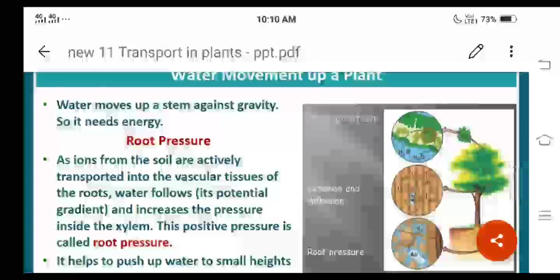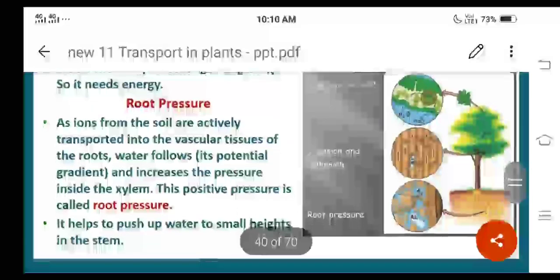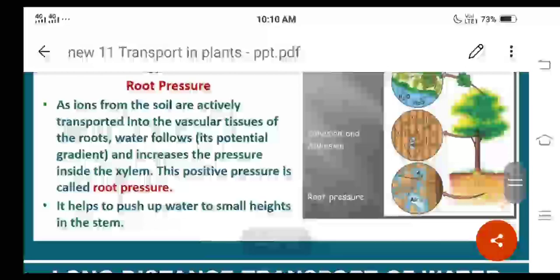What is the importance of root pressure in water movement? Remember, it helps to push up water to small heights in the stem. Its role is that it can help push the water only to small heights, not to bigger heights like 100 meters or above.